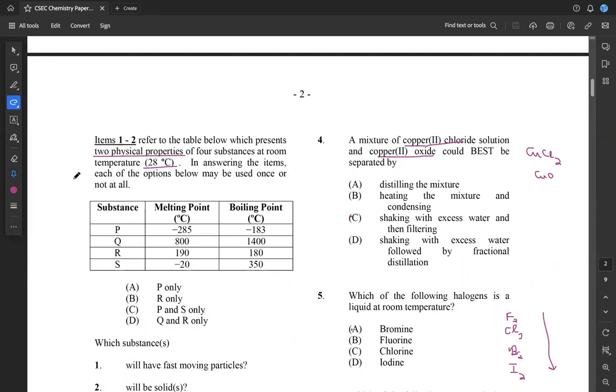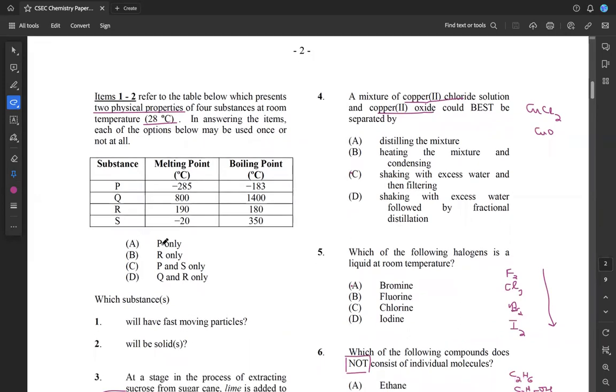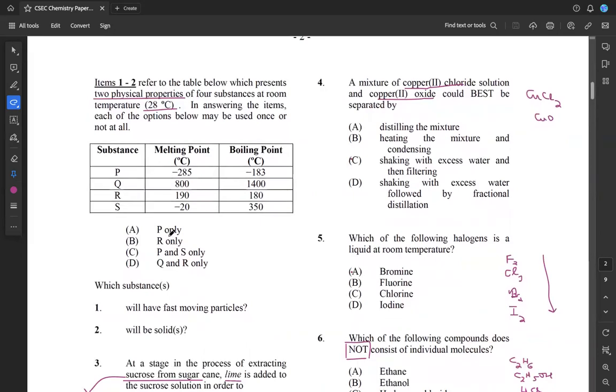We have our 4 substances, P, Q, R, and S, with their melting points and boiling points. A represents only P, B represents only R, C would be P and S, and D would be Q and R only. We can use the options once or not at all.